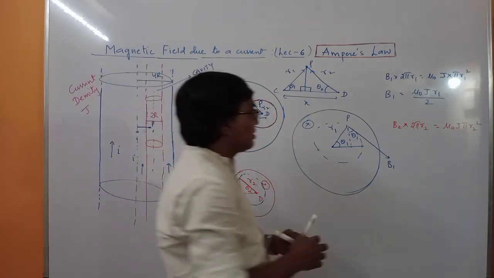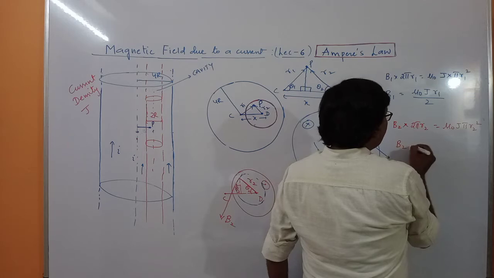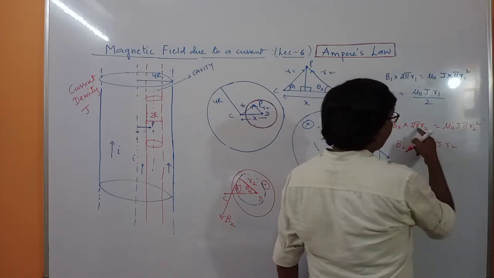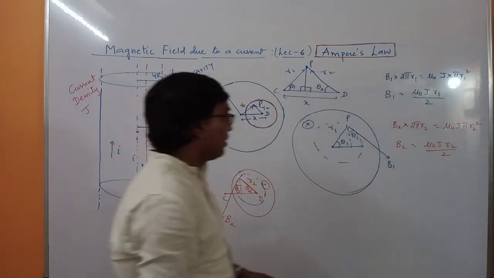Then B2 comes out to be mu naught J R2, pi R2 cancel, divided by 2.